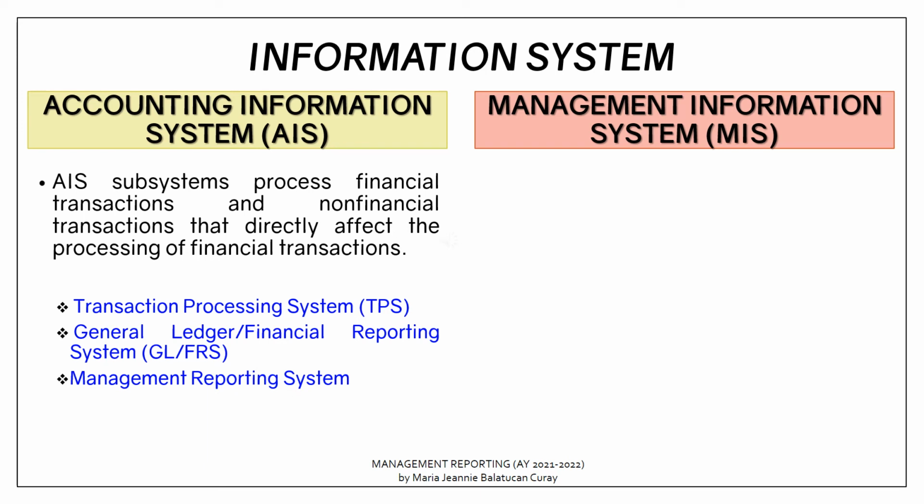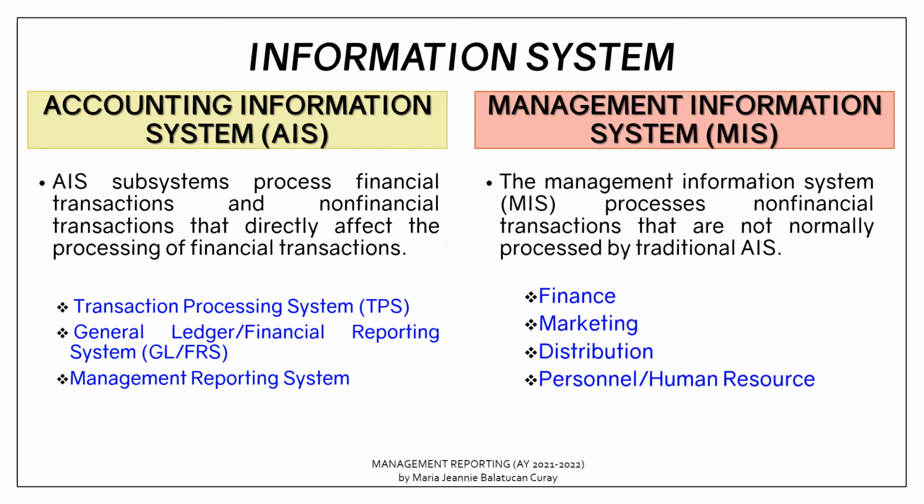So subcomponents: transaction processing system, general ledger financial reporting system, and the management reporting system. While MIS processes non-financial transactions that are not normally processed by traditional AIS, like for the finance, marketing, distribution, personnel, or human resource.